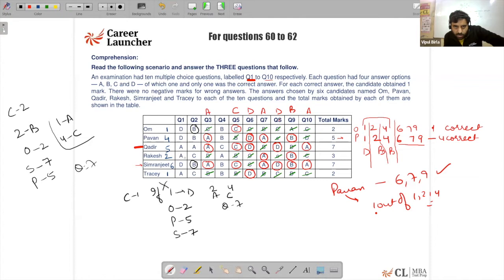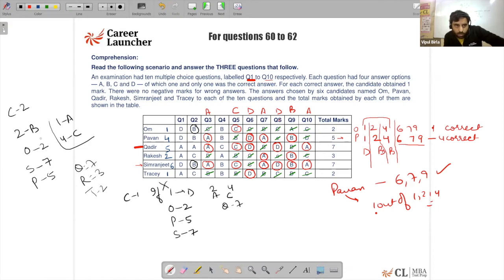If first is A, Rakesh will have the third correct. Second is B, Rakesh got it wrong. Fourth is C, so Rakesh will have 3. And if you look at Tracy, if first is A, Tracy got it right. Second is B, Tracy got it wrong. And fourth, Tracy will have 1 more correct. That means Tracy will have 2 correct.